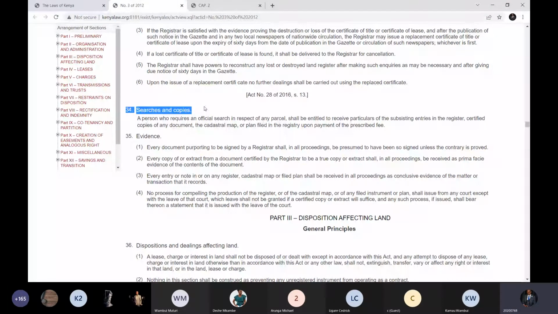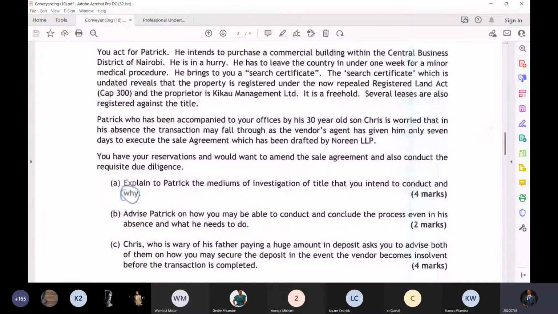So what are the types of searches we have? Personal and historical. So what is the essence of a search? To ascertain the proprietor and the encumbrances thereupon.